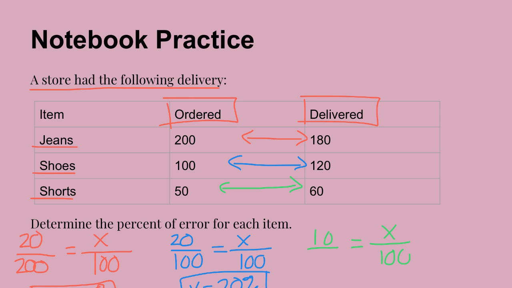So there's an error of 10 shorts because 50 were actually ordered. So if you take 10 times 100, and you divide it by 50. Oh, I was wrong. We're going to go ahead and have a nice percent of error of 20% again.